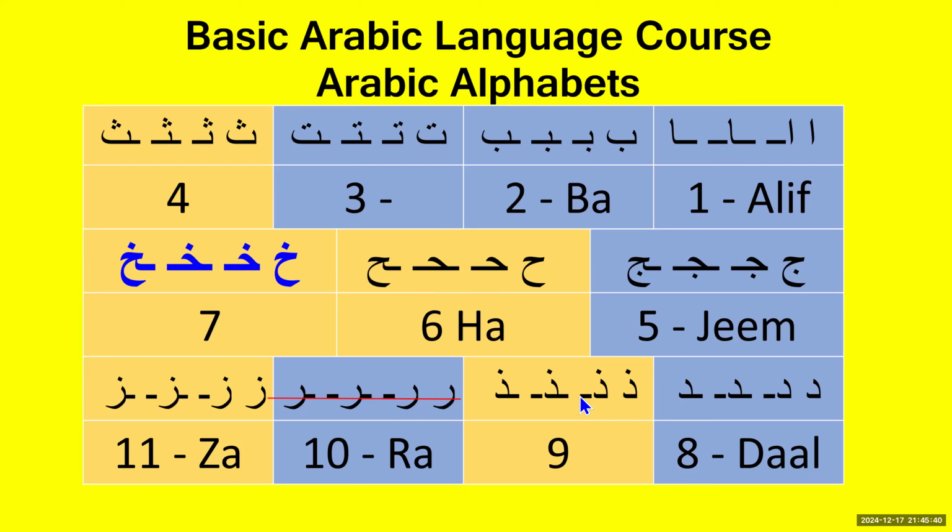If you are talking about the last letter, za or zai, both are the same names of this letter. It has two names, commonly known as za, like pizza, and some people say the name of the letter is zai. In both cases, it is correct. The most common name is za.